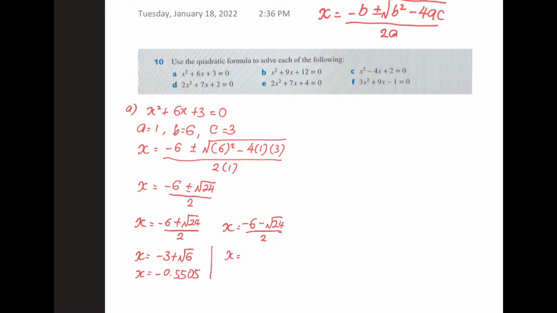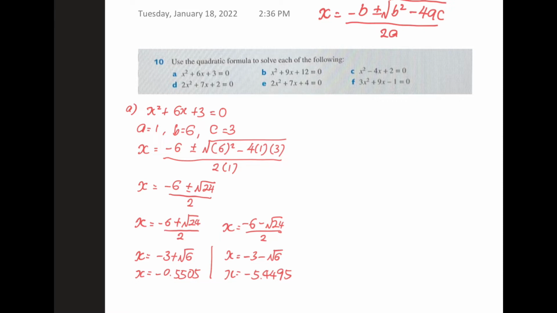The other value, minus 6 minus square root of 24 divided by 2, we get minus 3 minus square root of 6. In decimal, we get minus 5.4495. Let's say I put it in 5 decimals.